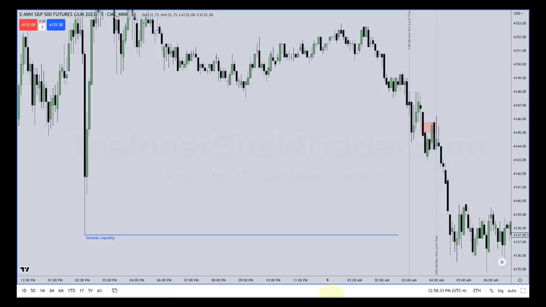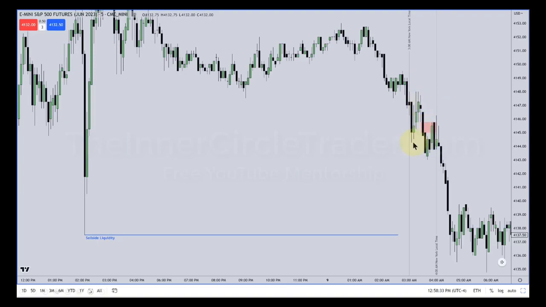You just predominantly have to consider where the next draw on liquidity is. Is it going to go above the marketplace for buy stops or trade into inefficiency above current price action if you're bullish? In this case, the market was bearish. It was looking to go lower, and there was an obvious sell side liquidity pool resting below that old swing low. And between 3 o'clock and 4, the market created a fair value gap.